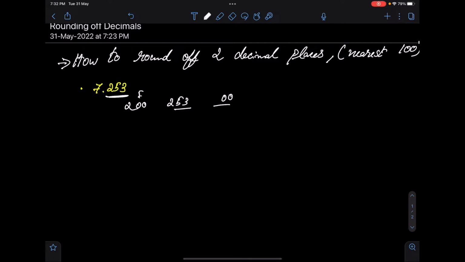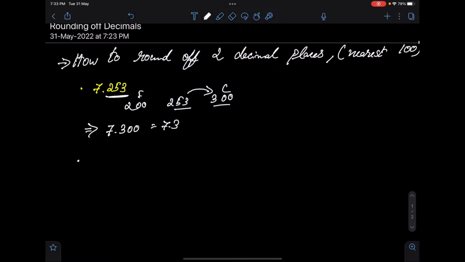We take these two numbers, make a floor and make a ceil. And where does it go? 53 goes into ceil. So 53 becomes 300. So after rounding off, we get 7.300. We don't need to write 00, so we can simply write it as 7.3.